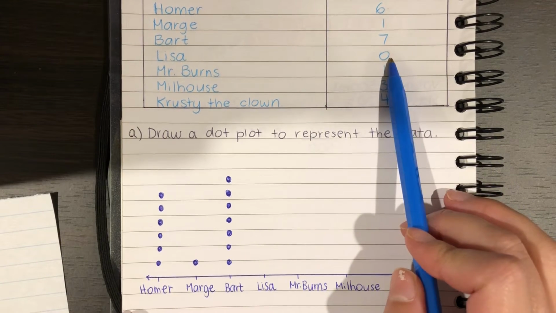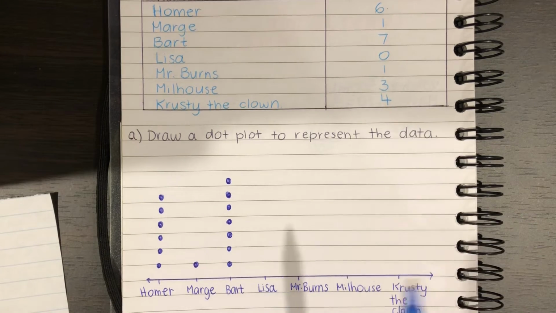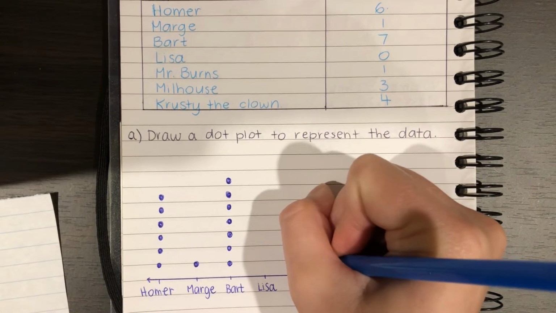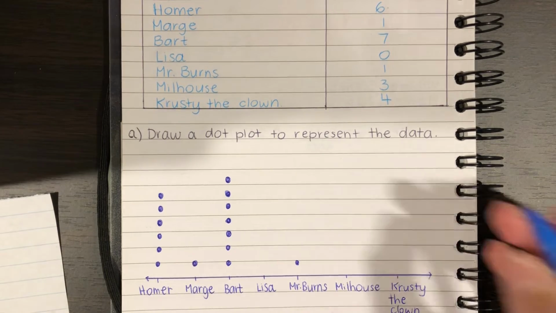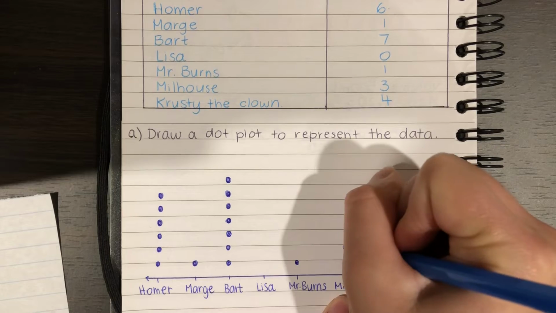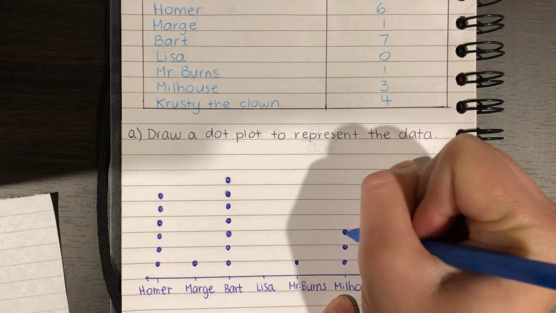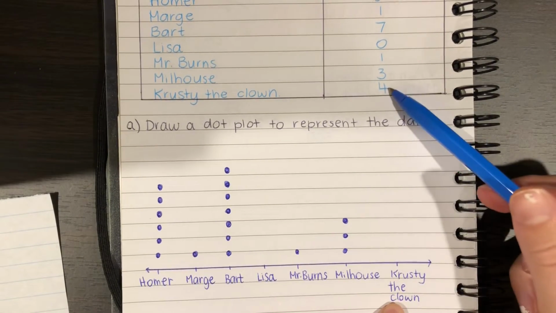No people voted for Lisa, so poor Lisa, she's obviously not a favourite, so we leave her blank. Mr. Burns, 1 person. They must like mean people. Milhouse, 3. And Krusty the Clown, he had 4.